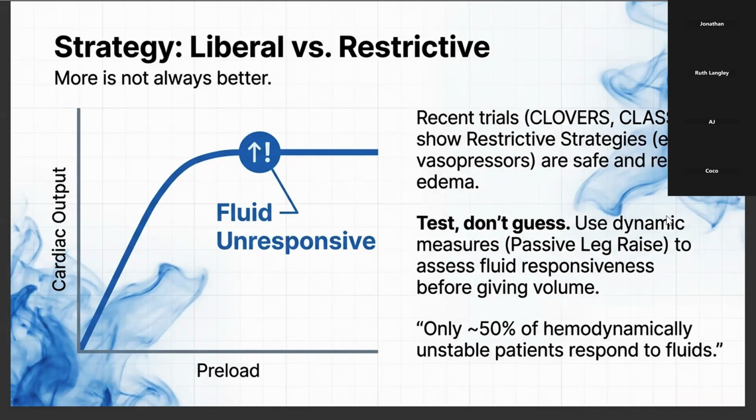There were two recent trials, CLOVERS and CLASSIC, which showed that restrictive strategies, i.e. going to vasopressors early, are safe and reduce edema. So we should be using something like the passive leg raise. In its weakest form, you're literally lifting the patient's ankles up into the air and seeing if there's a rise in their blood pressure.